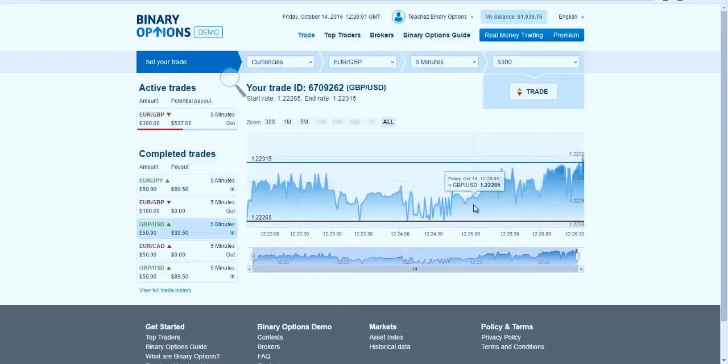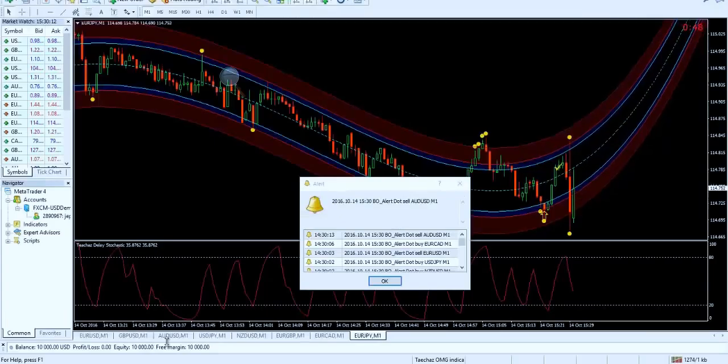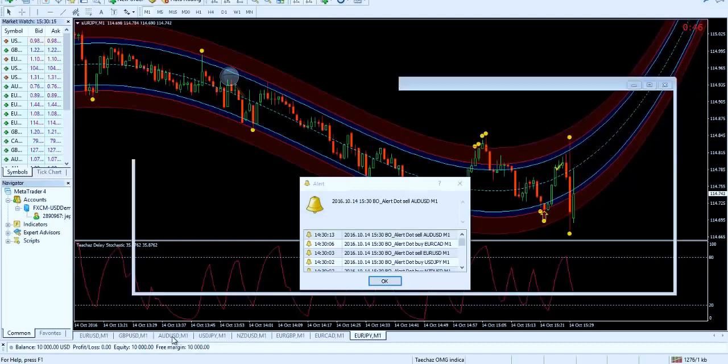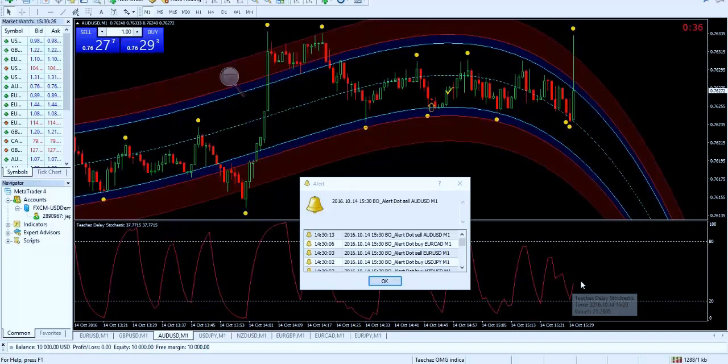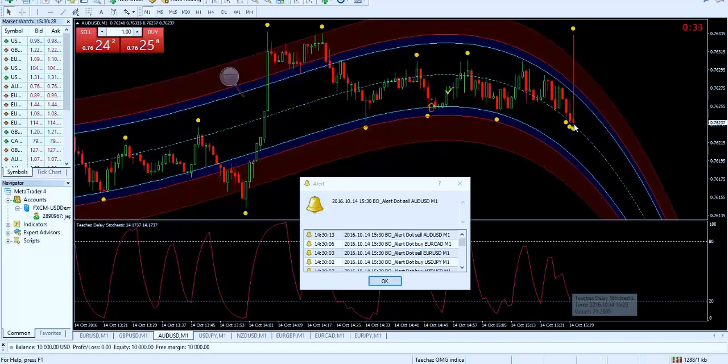So there's a signal here for euro. It has actually crossed here, but here it hasn't crossed yet. So it's actually tricky on this one. As you can see, I think there's a news event.